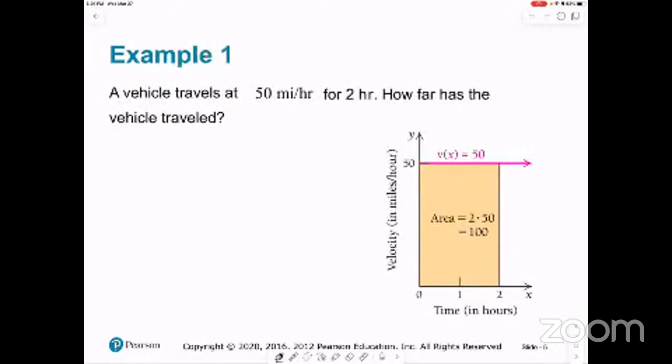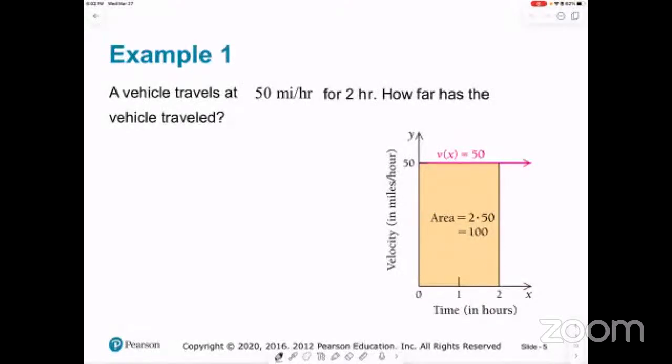So if we do time versus velocity, notice that the speed is constant, 50 miles per hour, so it's just a steady speed, for 2 hours, right? So with this setup, when we do the speed versus the time, notice the shape that it makes is a rectangle, right?